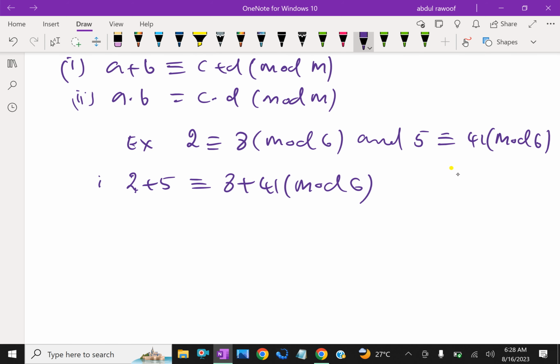Now, in general, you can say integers modulo m, that is Z_m.